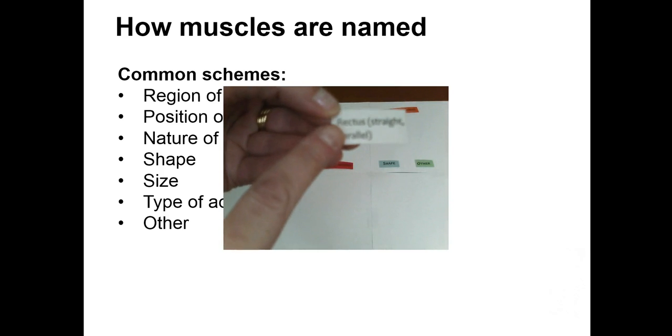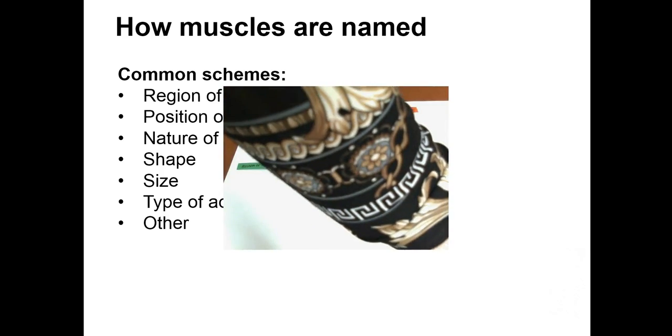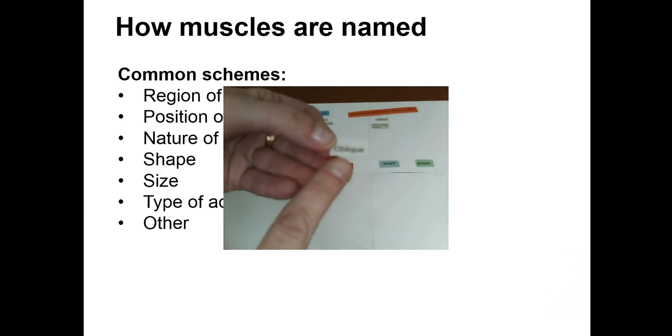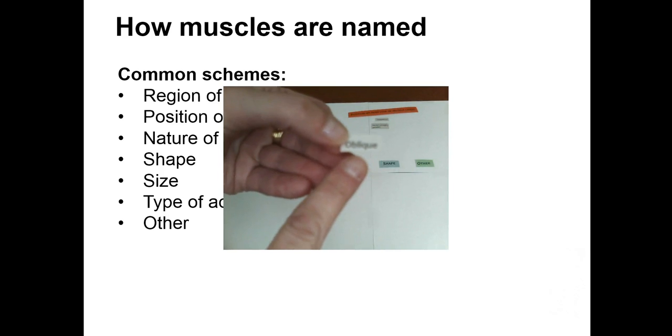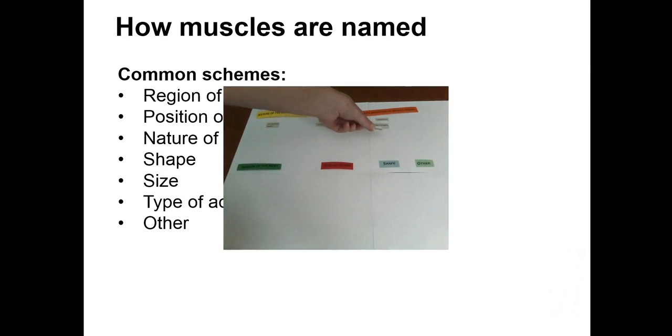And you're going to see this word more than once in the muscles we're learning. So rectus is about the direction of the muscle fibers. On the other hand, if we have a midline of the body, oblique comes in at an angle to that midline. And so oblique is also about the direction of those muscle fibers.